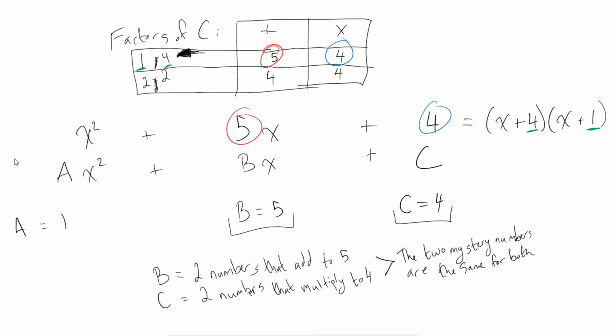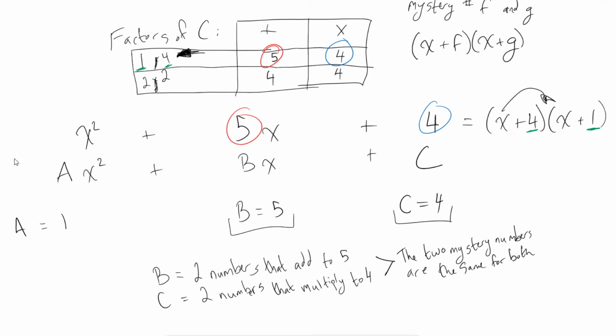Once I find my mystery numbers, let's call them F and G, I can just turn it into x plus F multiplied by x plus G. And that will factor the equation for me. If you want to be sure, you can always double check. I can FOIL this out.